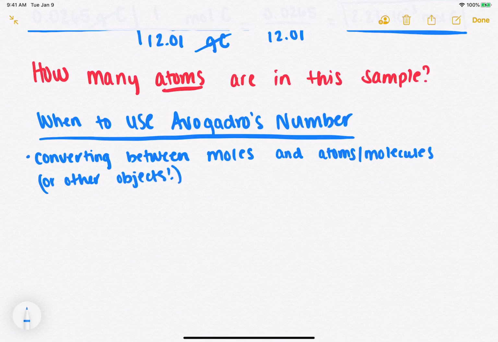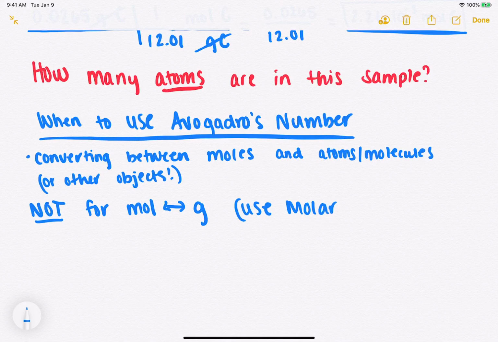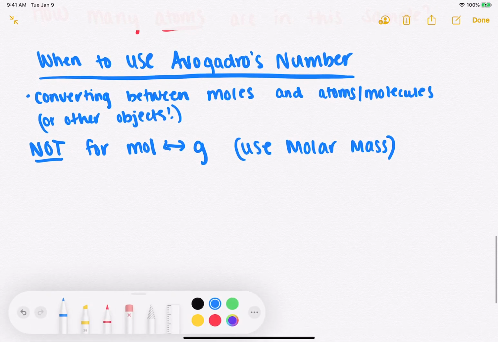So we do not use Avogadro's number when we're converting between moles and grams. So not for converting between moles and grams. In that case, we want to use the molar mass. So I'm going to draw this out visually for you.